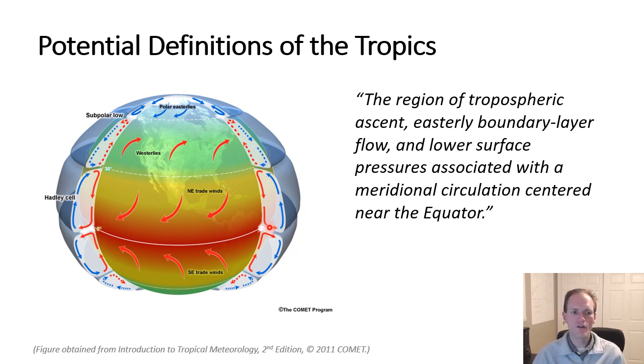And so we get this overturning circulation here with low-level flow toward the equator in both hemispheres, rising motion near the equator, and then flow moving away from the equator near the tropopause in both hemispheres. This circulation that we've defined here is what we will call the Hadley cell, named after its originator or its inventor. And we'll consider that more in the next couple of weeks ahead in the semester.